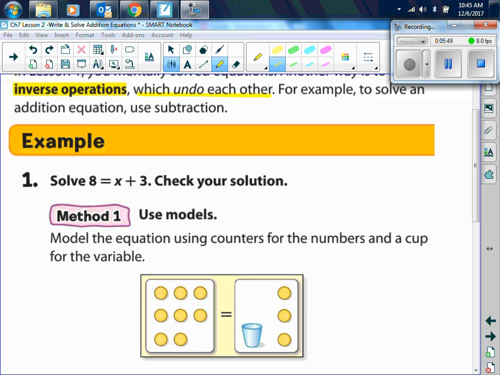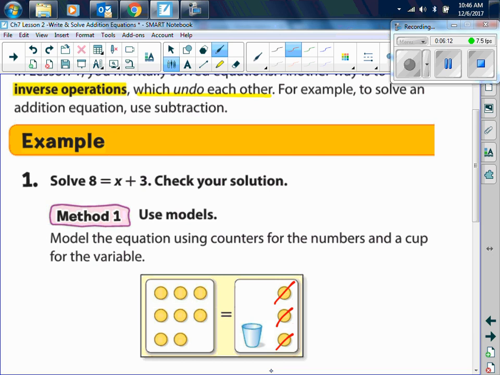Okay? So if I want to get the cup all by itself, I can take these counters away, and then it'll be by itself, right? So if I take the counters away, okay, I took the counters away. So mathematically, I can say that I subtracted 3. You with me?